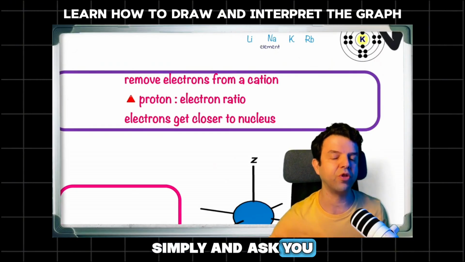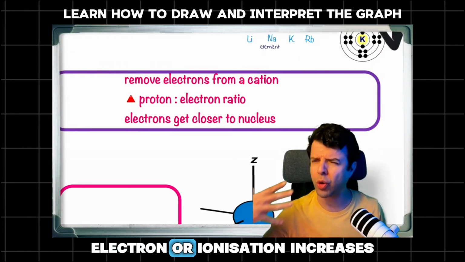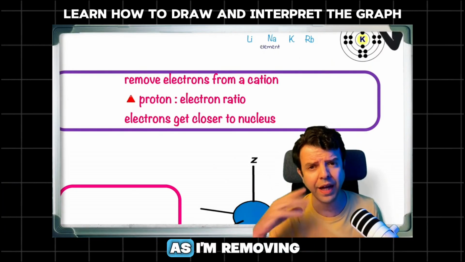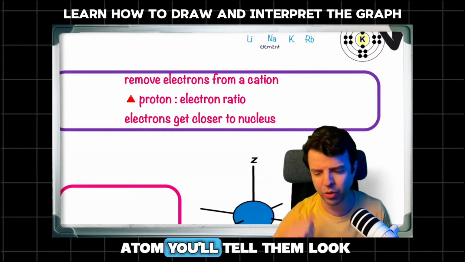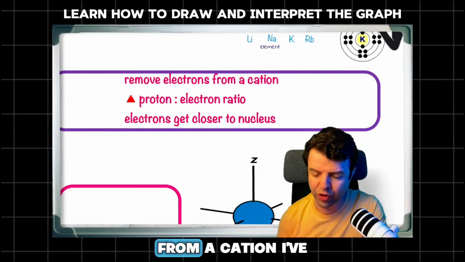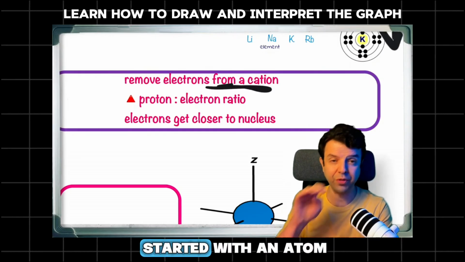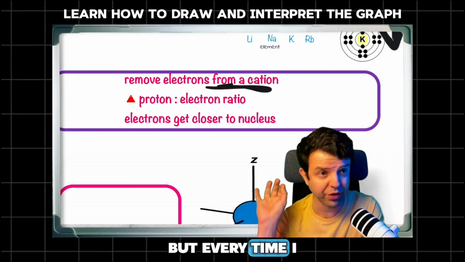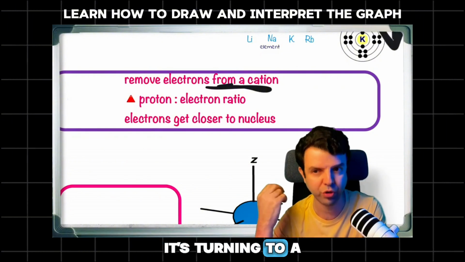They simply ask you, why is it that ionization energy increases as I'm removing electrons from the same atom? You'll tell them, look, it is increasing because I am removing electrons from a cation. I've started with an atom, and every time I remove an electron, it's turned into a cation.